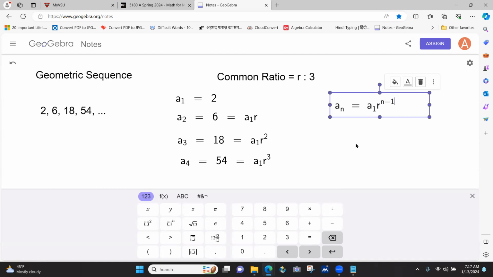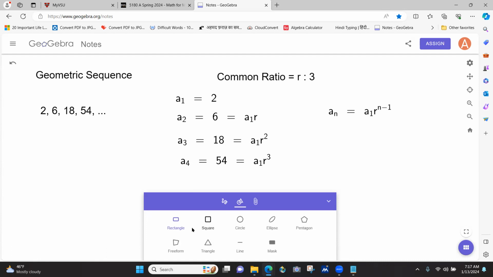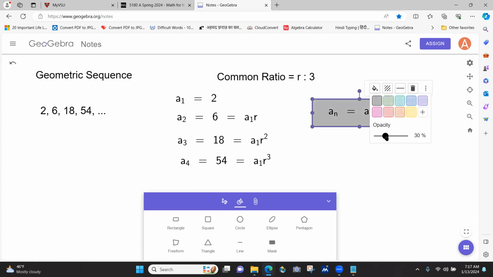Now, don't forget the minus 1. Okay, this is also a very important formula, and you want to keep it straight. You want to make sure you understand it, all those things. All right.